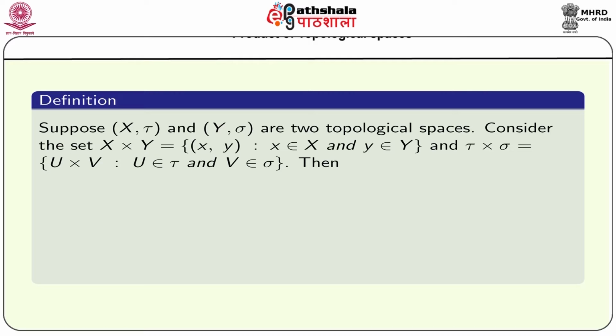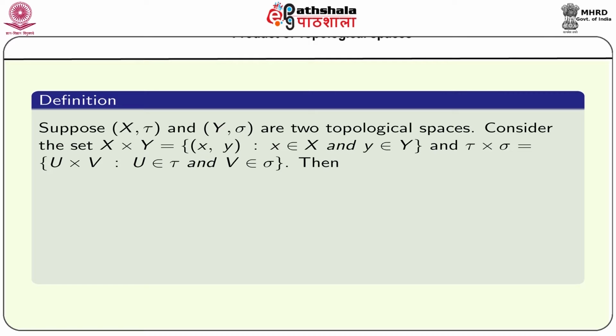We want to define the product space X cross Y. For that, we take the Cartesian product of X with Y, that is the set consisting of the pairs (x, y) such that x varies over capital X and y varies over capital Y.